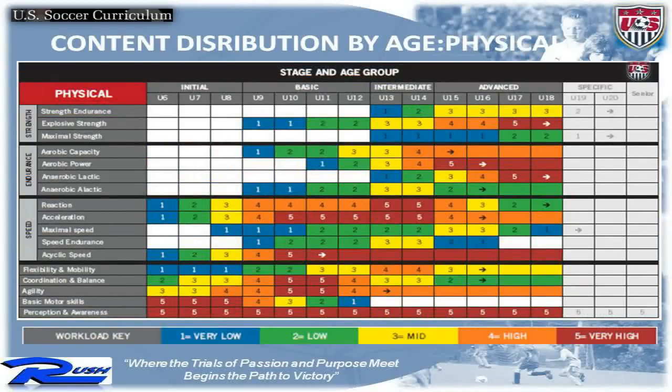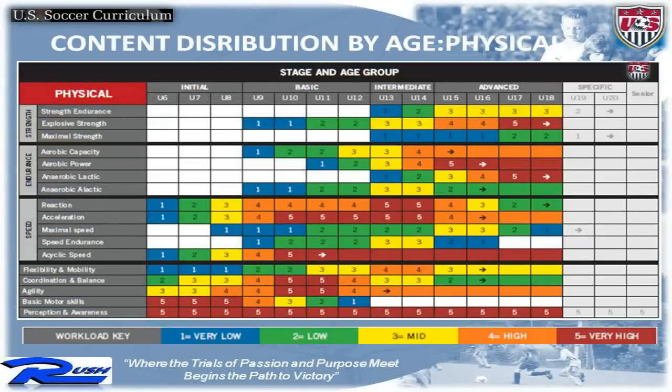On this next slide, we observe, presented by U.S. Soccer here from the curriculum, we look at the physical component in the player development structure, and on the chart we see a similar type of chart that we observed in the last 2 slides with technique and tactics. The age segregation at the top, U6 to U18, the color-coded chart noting the level of emphasis placed on each age group, and then in the physical component we see some subtopics that are grouped together.